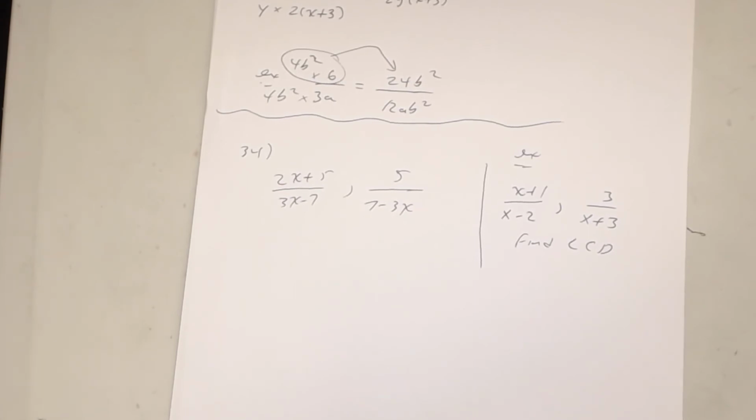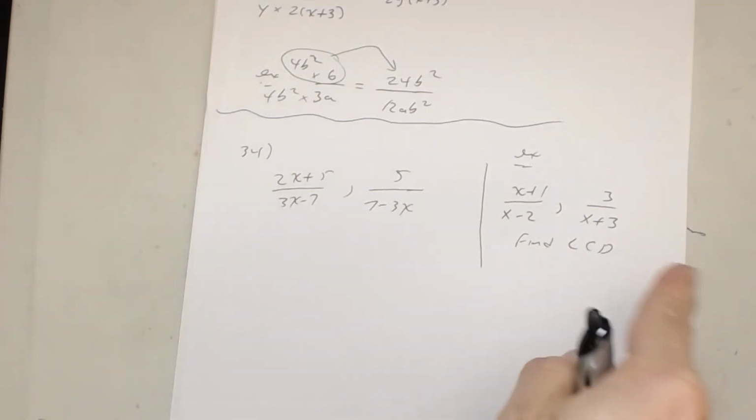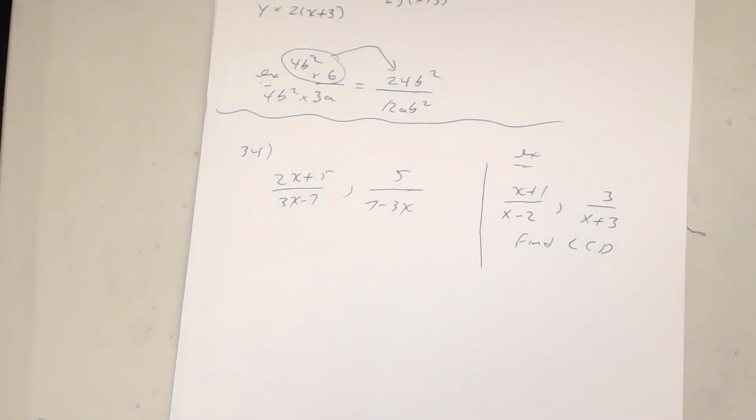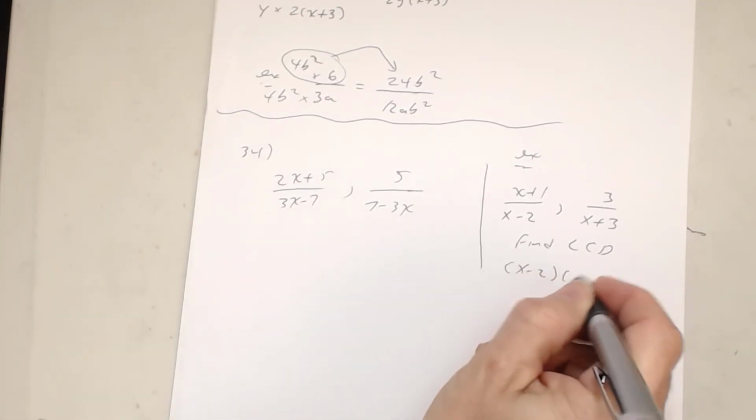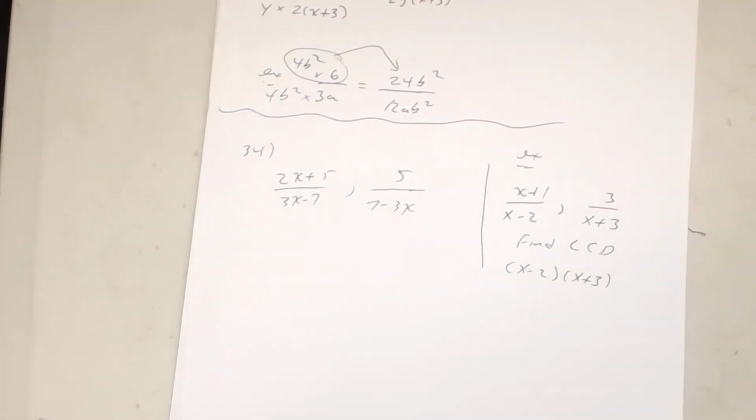What's the other factor in that other fraction in the denominator? X plus 3 better be part of the denominator. So what's the LCD? X minus 2 times x plus 3. Now that's going to be important with what we're about to do now. We're starting the next section in a little while.